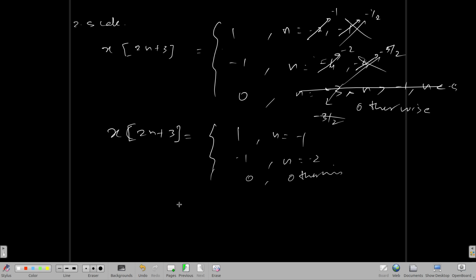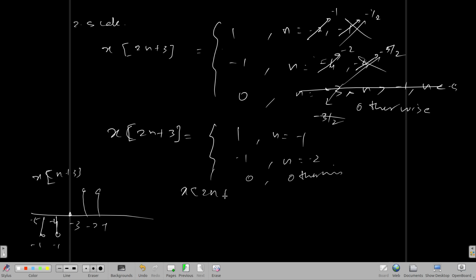Okay. So graphically, how do we do this? So we had initially found the value -1, -1. So this was for -3, -2, -1, -4 and -5, right? So now what do we have to do? We have to find x of 2n plus 3, right?